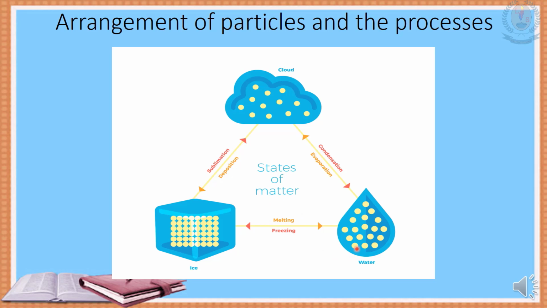And here again you can see the water particles as yellow spots. Compared to the solid, the particles are situated with little small spaces. It is not packed as much as in solid.